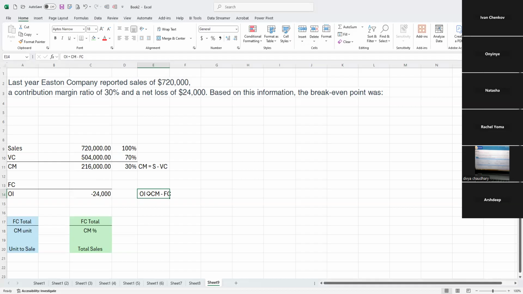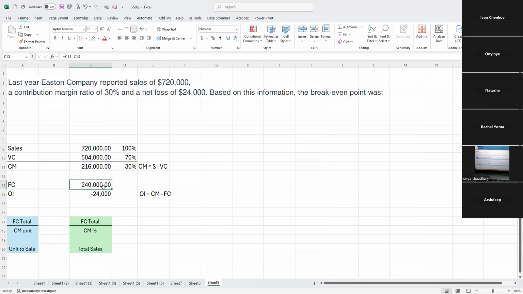From this formula, what do I know, what don't I know? Do I know my operating income? Yes. Do I know my contribution margin? Yeah. We can find the fixed cost. How much is my fixed cost? Fixed cost is equal to contribution margin minus operating income. This one minus that one, right?